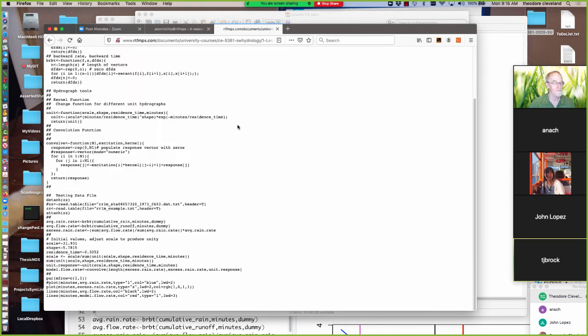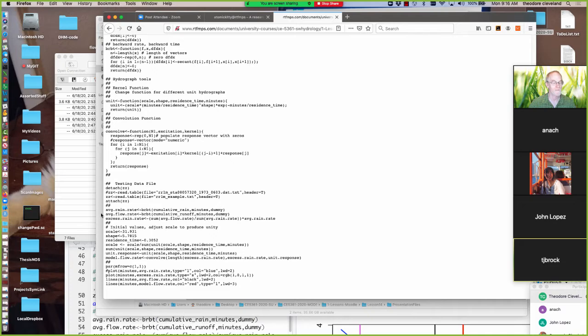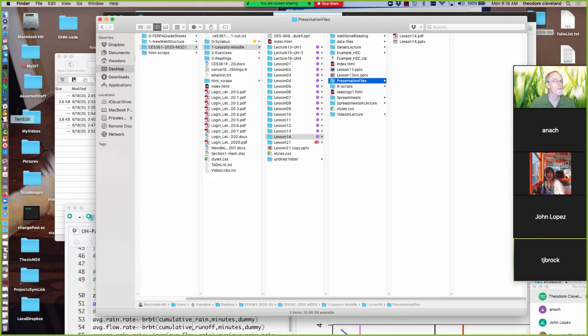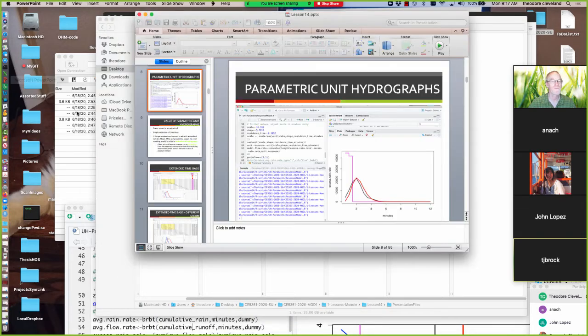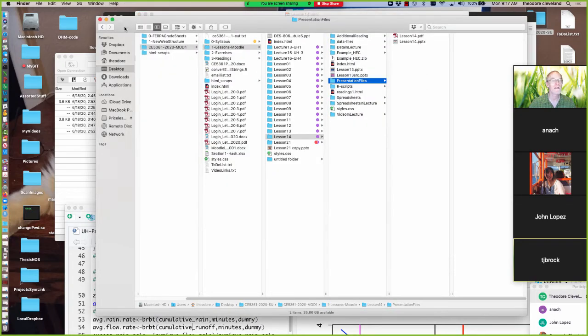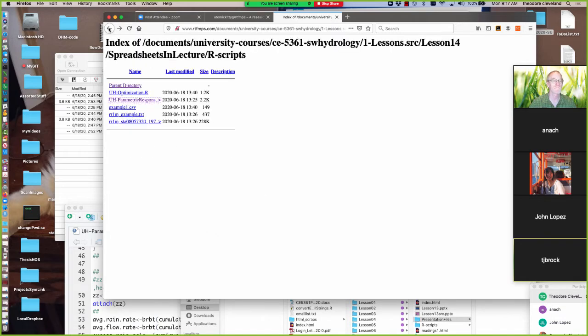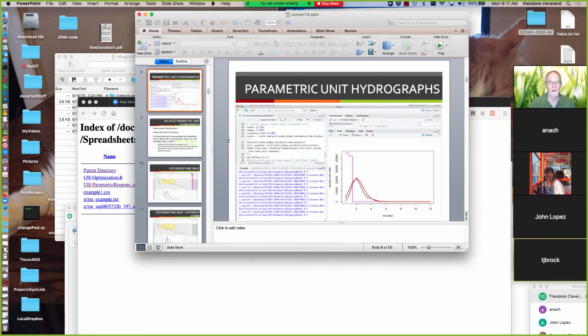So that is the function that will produce this response. So that is shown right here, and we can test that shortly in the shared hydro environment, but we're going to proceed forward a couple more slides before we do that.